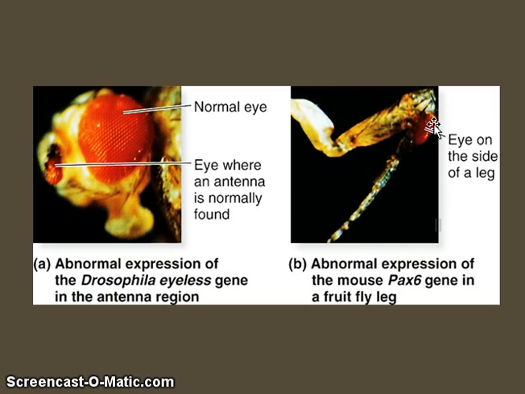So after it activates genes from the fruit fly genome, then further regulatory genes will switch on genes that will then promote eye formation. And that's the reason why a fruit fly eye was formed and not a mouse eye.